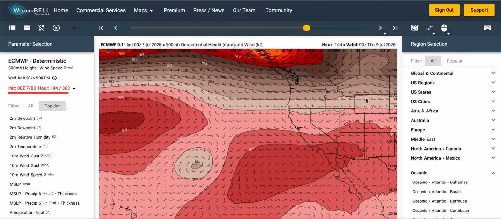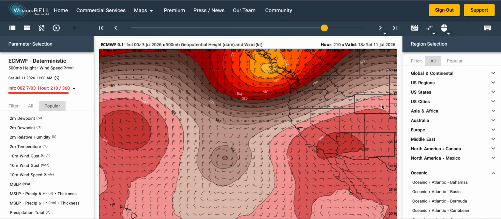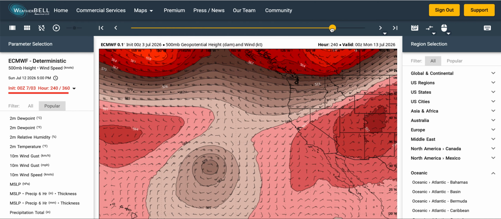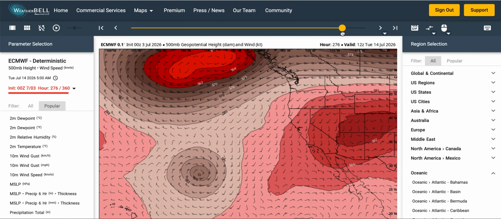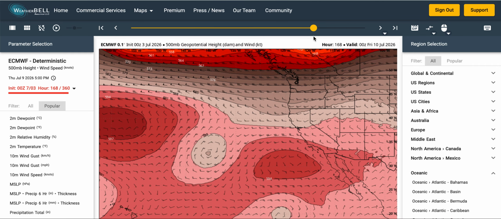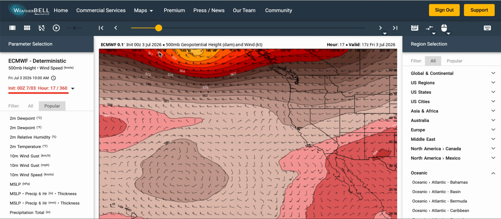The passing trough, and then maybe another system, and then maybe it wants to bring this big ridge. But when you're looking over a week out, 10 days out on a computer model, you've got to be really cautious with what you're looking at, because it's just one run of one computer model way out in the future, and a lot can change.